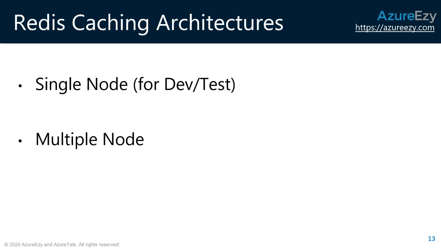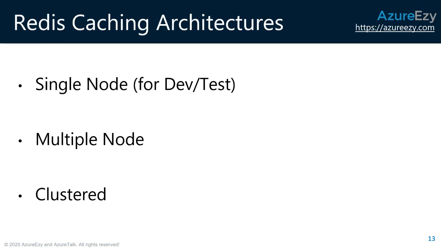Then it also has a multiple node or two-node option. If you are using Redis cache for a production environment, you should not use the single node option. You should go for the multiple node or the next one I'm going to discuss, the cluster. So these are the three architectures that Redis cache uses to distribute the data to the cache.